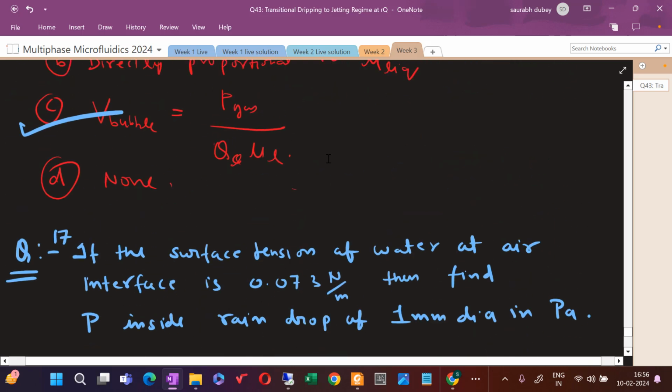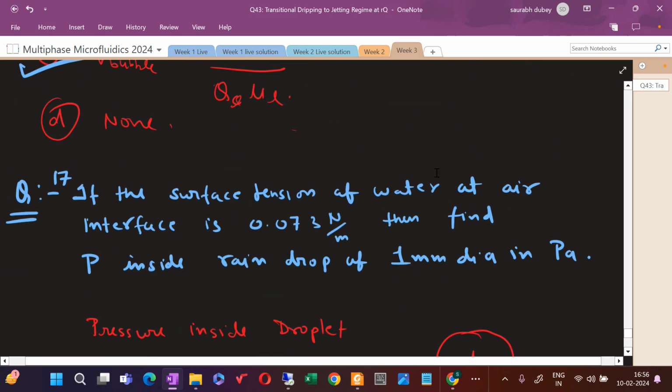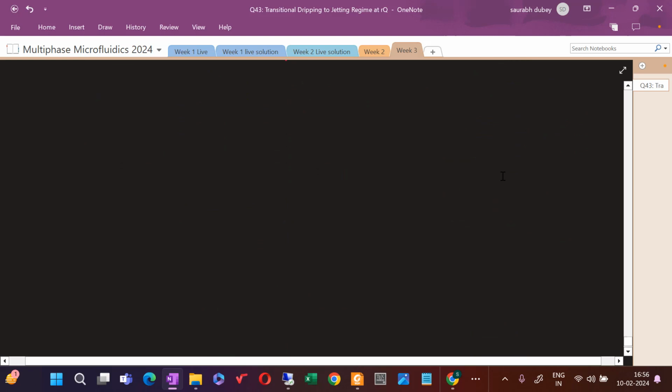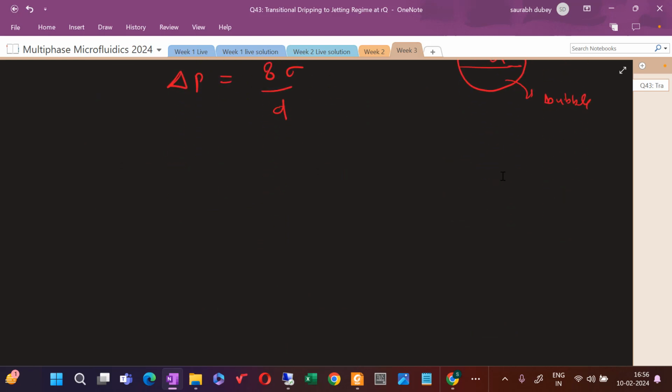This question is: if the surface tension of water at the air interface is 0.073, then find the pressure inside the raindrop of 1 mm diameter in Pascal.